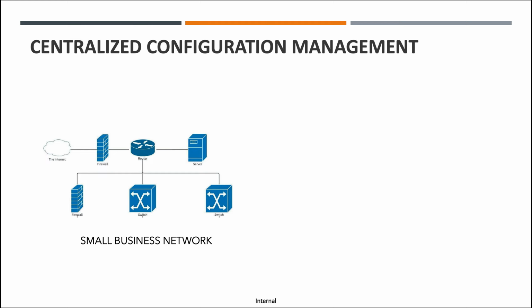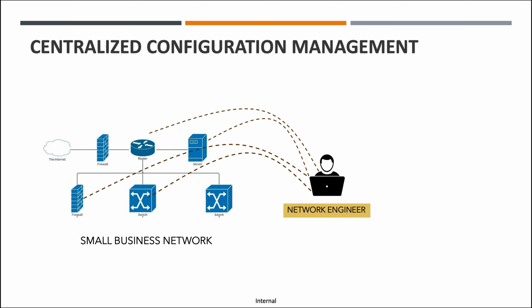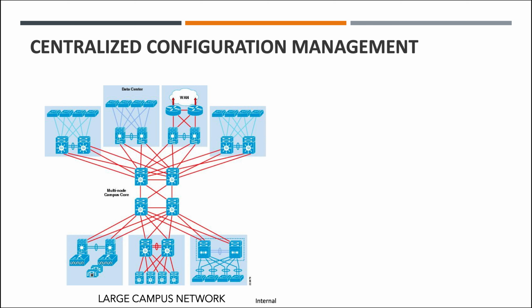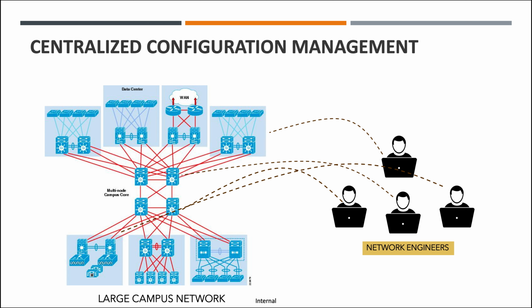As you know, the manual configuration model makes great sense for a smaller network with one or two routers and switches with one network engineer managing it. But for large networks with hundreds or thousands of network devices with multiple network engineers, it could be a challenge.